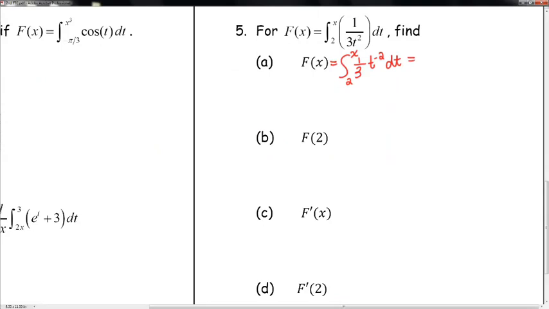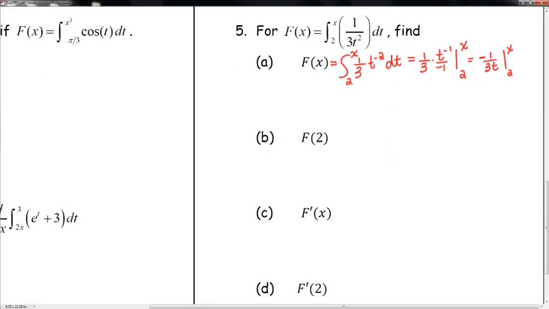And now we're going to just take our antiderivative, so that becomes 1/3 times t to the negative 1 over negative 1, and that's going to be evaluated from 2 to x. So I'm going to move that t down and simplify so we can understand it better. So this negative 1 times a third is negative 1/3t, and again evaluating that from 2 to x.